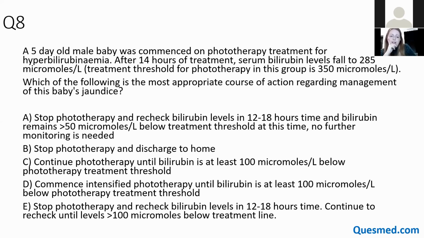D, commence intensified phototherapy until bilirubin is at least 100 below the phototherapy treatment threshold. Or E, stop phototherapy and recheck bilirubin levels in 12 to 18 hours time. Continue to recheck until levels are over 100 below the treatment line. So it's quite wordy, that question, so I'll give you a few moments to think of your answers.